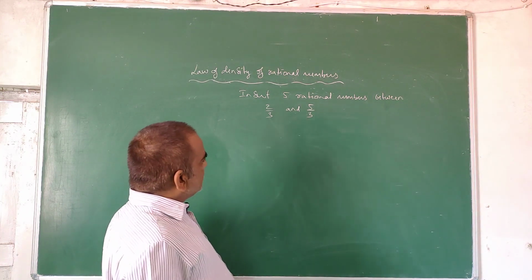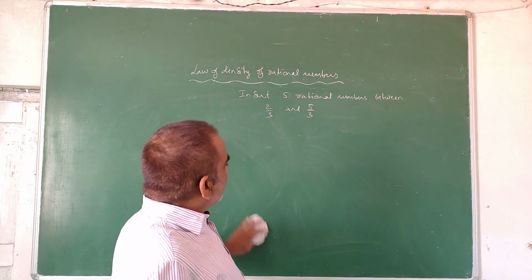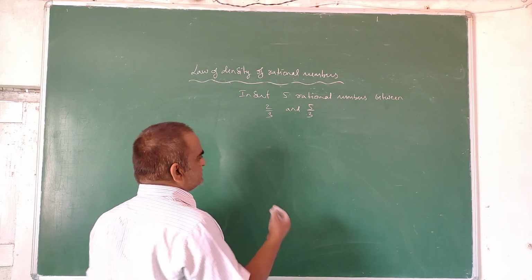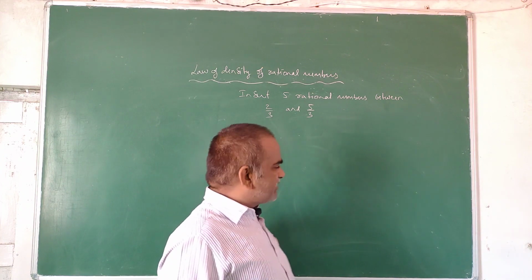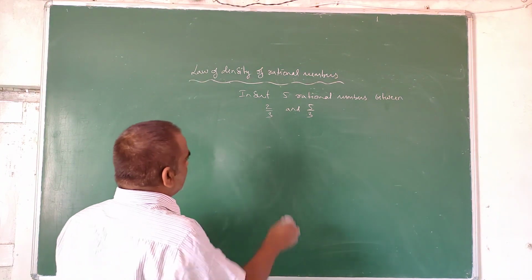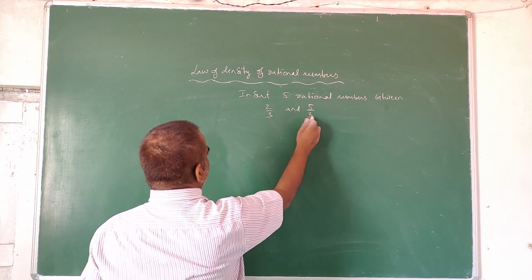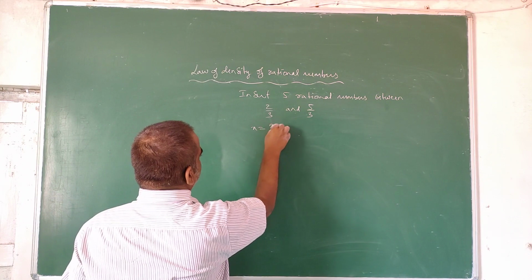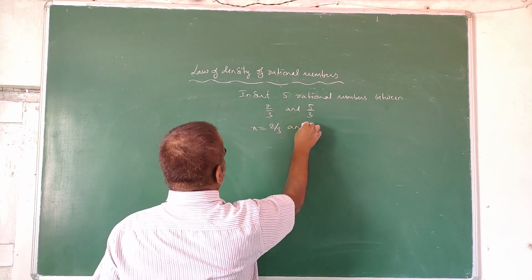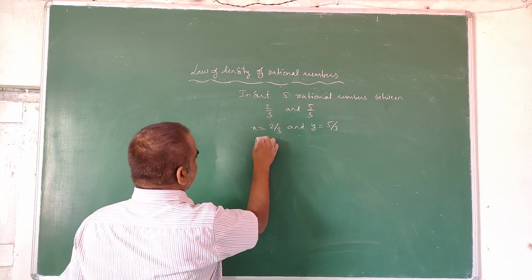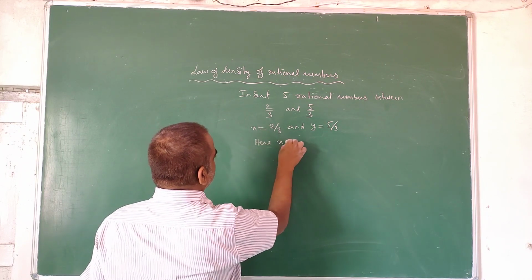I took a small example to make you understand this concept. See here, 2/3 is lesser than 5/3 obviously, so take x as 2/3 and y as 5/3. See here clearly x is less than y.